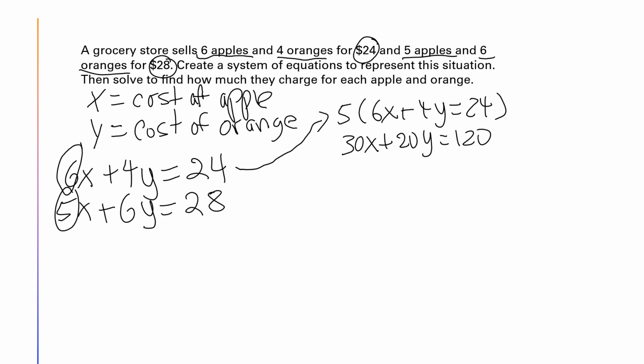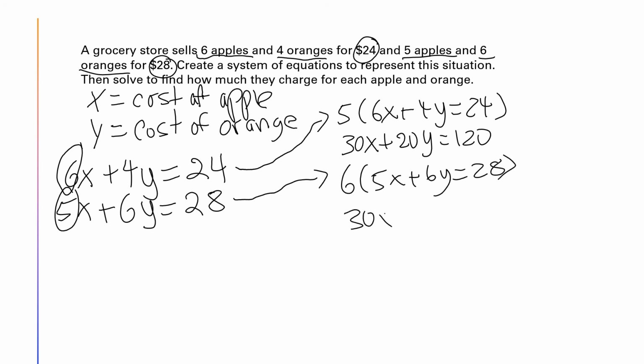And in order to get 30x in the second equation, we multiply by 6. So 6 times 5x plus 6y equals 28. That gives us 30x plus 36y, which equals 168.